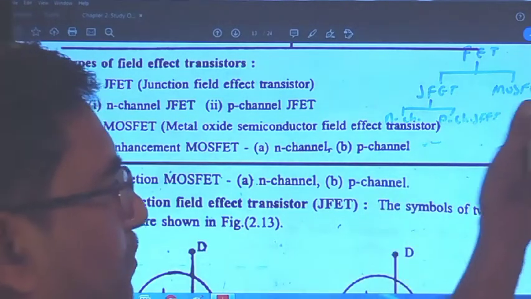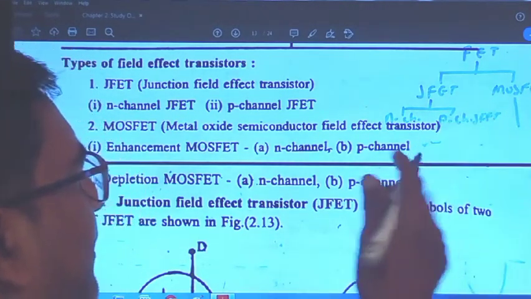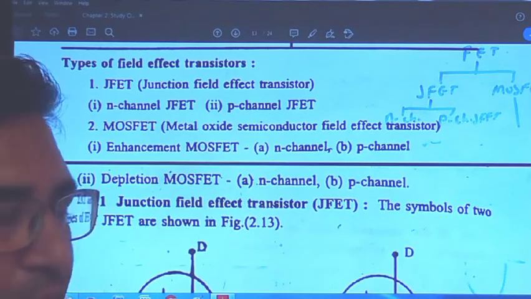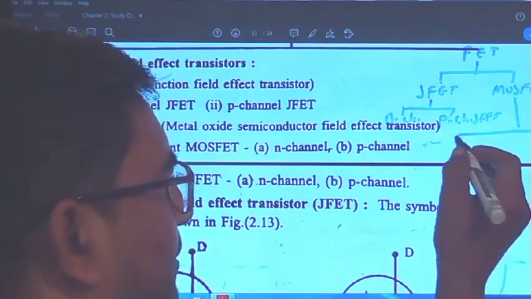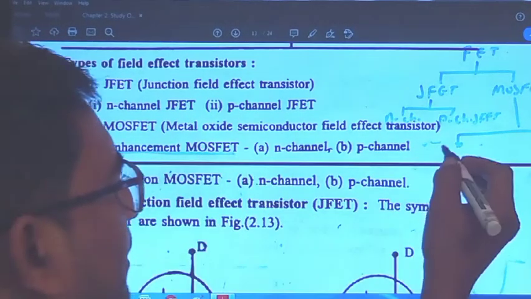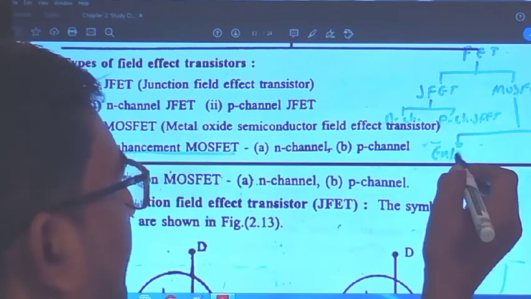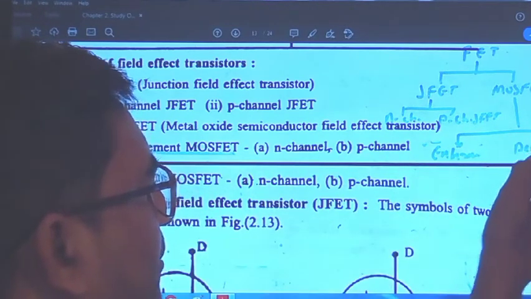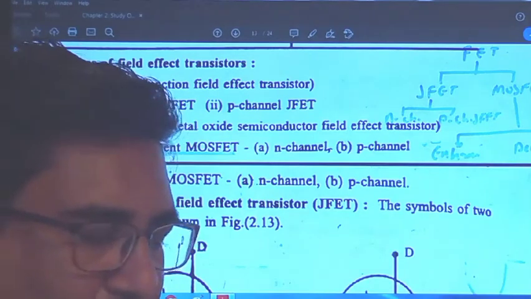Okay students, the metal oxide semiconductor field effect transistor is again classified into two different parts. The first is called the enhancement MOSFET, and the second is the depletion metal oxide semiconductor field effect transistor.